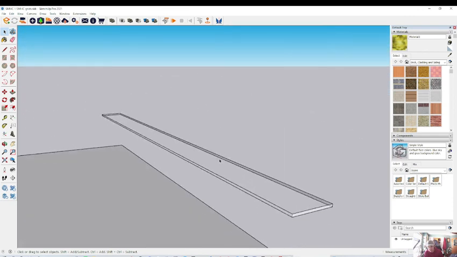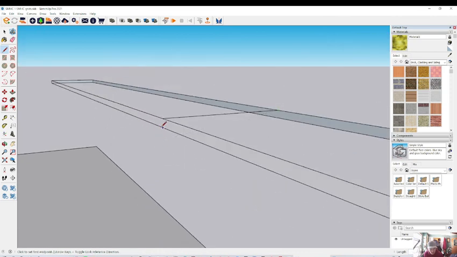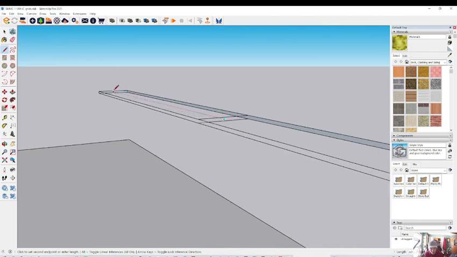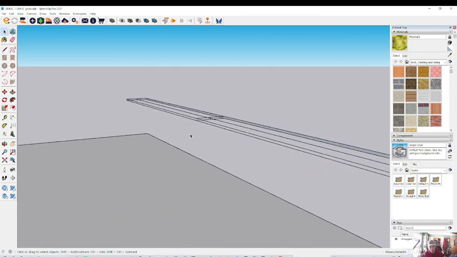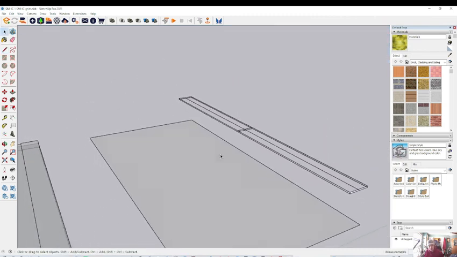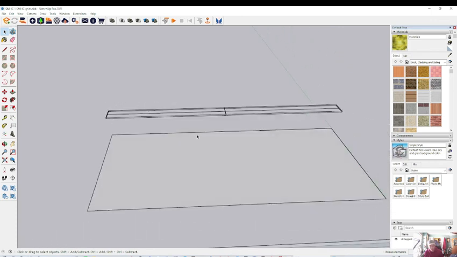Now the other thing I want to do here is I want to draw the center line to understand where the center is. So my center is right here. So I'm going to draw it from here to there. Here to there. All right, so now I have my center and that's my object.